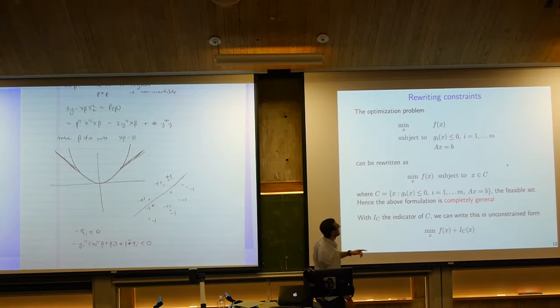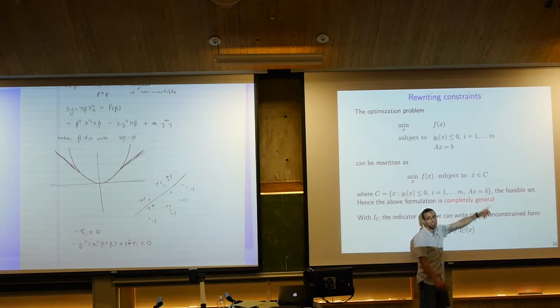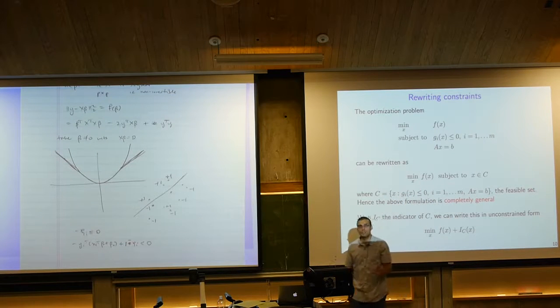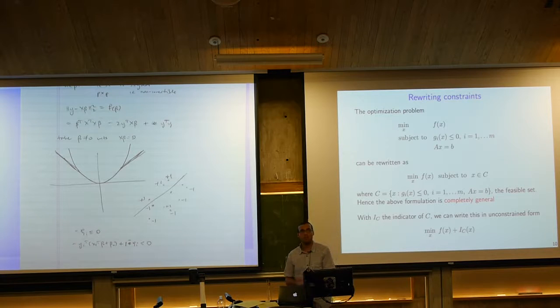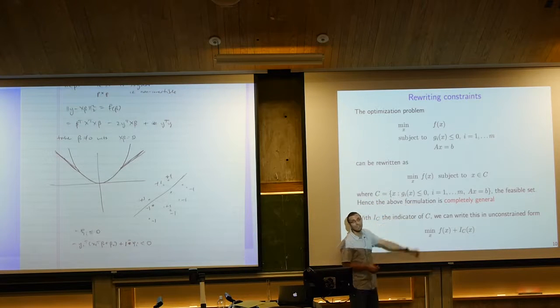Okay, that means that if I ever minimize f of x subject to x being in a set C, that's completely general. That can encapsulate any optimization problem, right? Because I can always think about taking some inequality constraints on functions and equality constraints and just wrapping into this set.